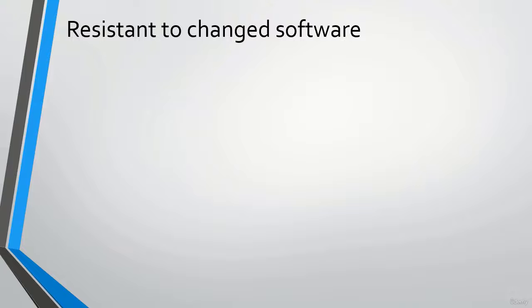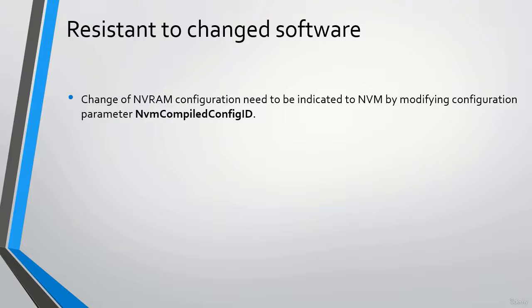Let's try to understand what is done when this parameter is used. Resistant to change software. A change of NVRAM configuration needs to be indicated to NVM first. And how do we indicate that? We indicate that by updating the NVM compiled config ID. So if in any project you update the configuration, for example you added a few extra blocks, then the configuration is changed, right?